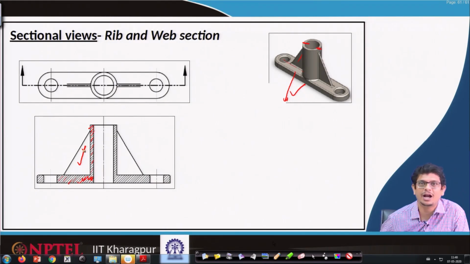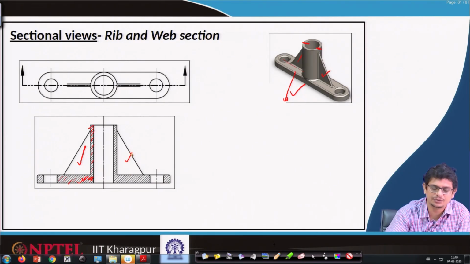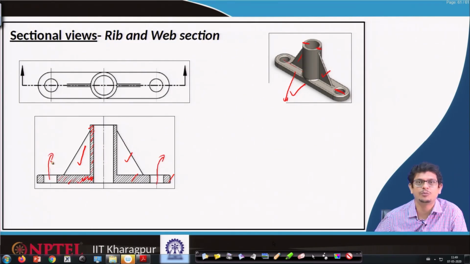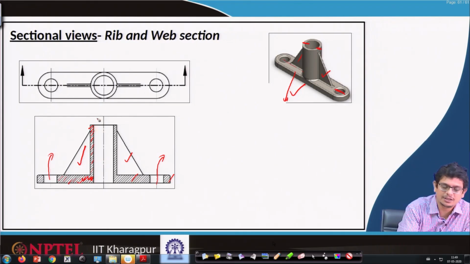That is the reason we have that free space. Similarly, this free space we show, the remaining portions are hashed, and we did not remove any material there. If we show such a representation, we call it a rib and web section. So, look at the top view, our section passes through this plane.